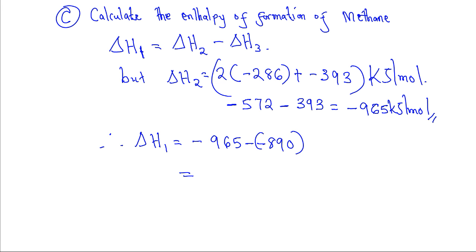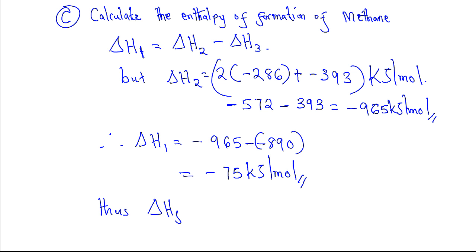If we work out this well, what are we going to obtain? Plus 890 gives minus 75 kilojoule per mole. So now, that is the enthalpy of formation of methane. Thus, delta H formation of methane is equal to negative 75 kilojoule per mole.